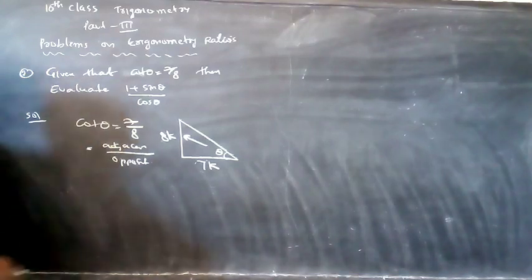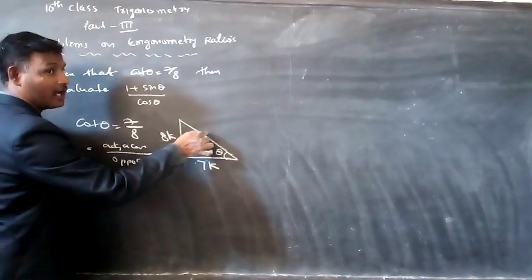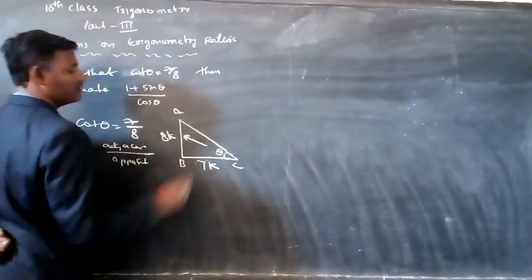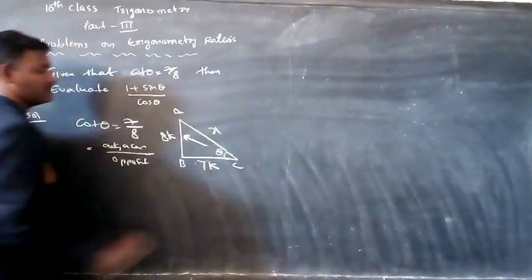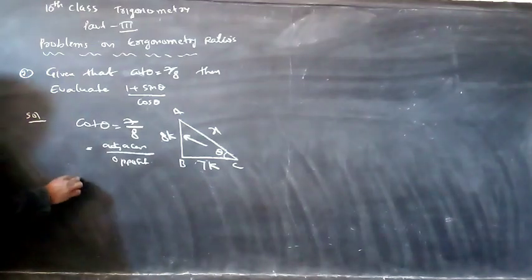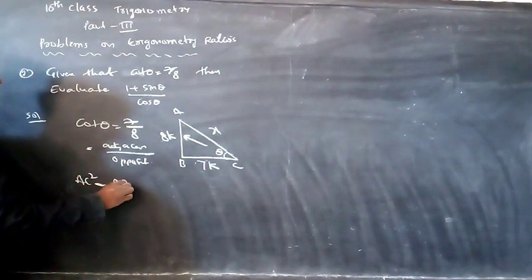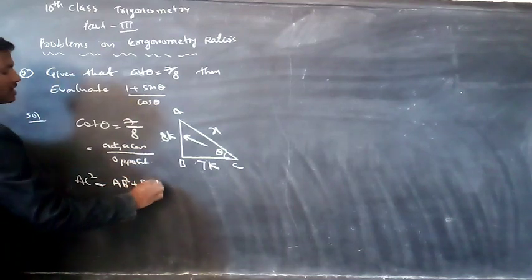Now here, what is not there? The hypotenuse value is not there. Let this be x. According to Pythagoras theorem, what can we write? AC square is equal to AB square plus BC square.